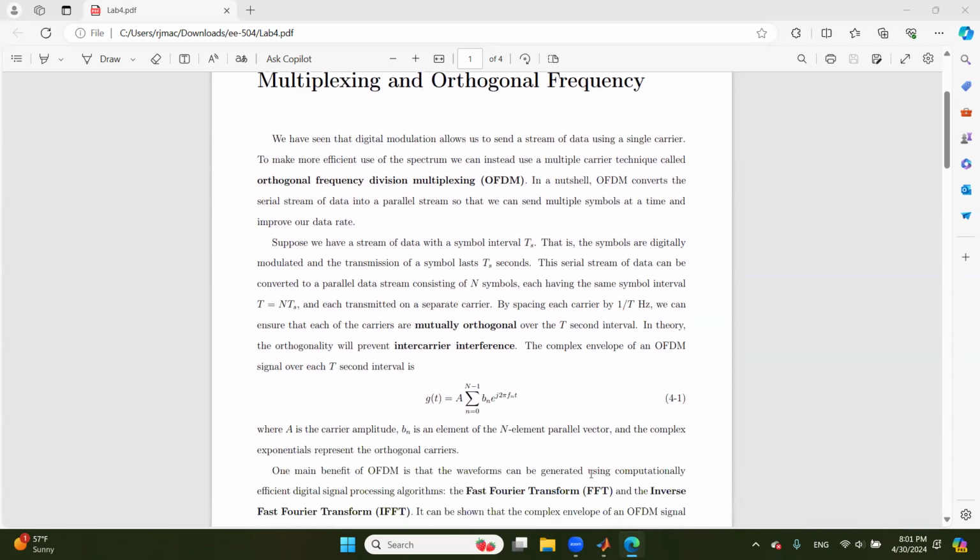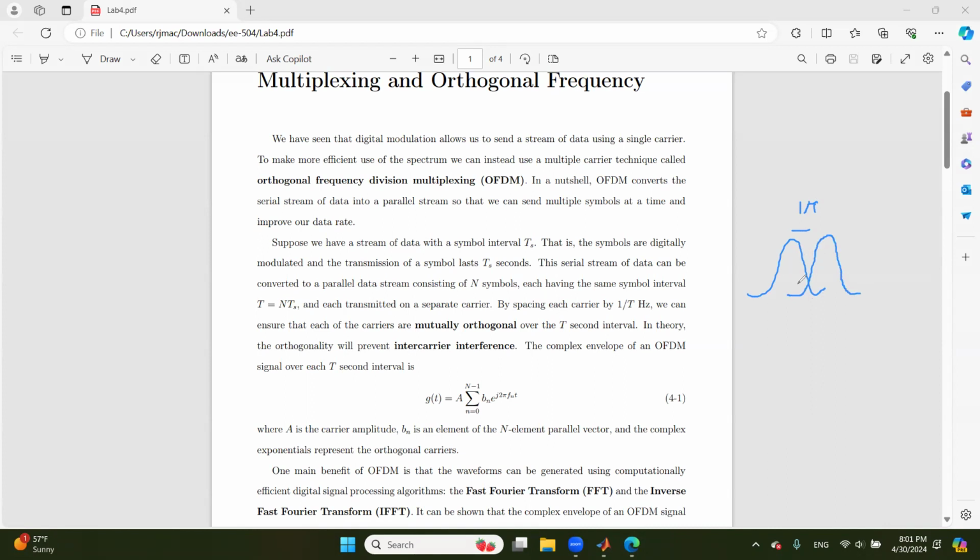And so the whole idea is we have one signal here and we space it out in time, 1 over T, and this allows us to get these orthogonal frequencies, right?